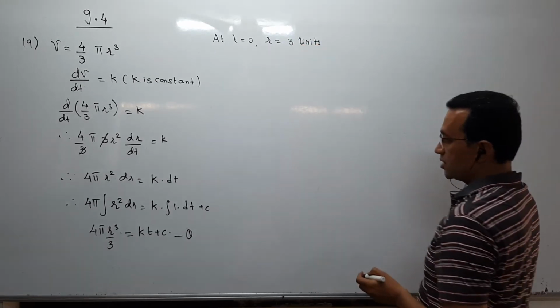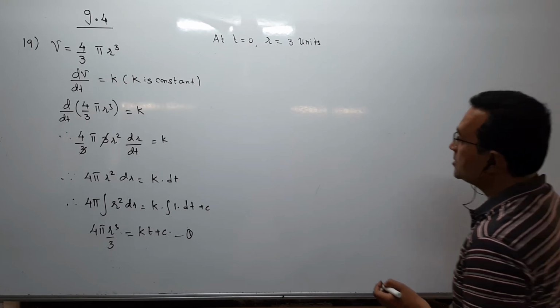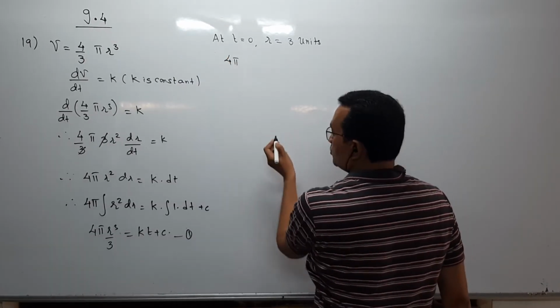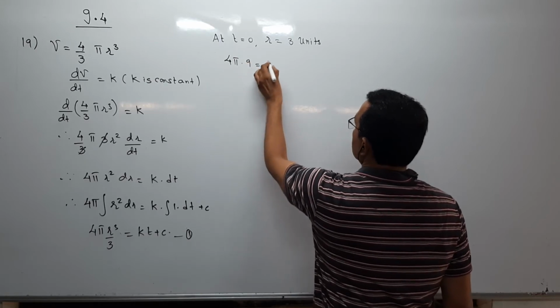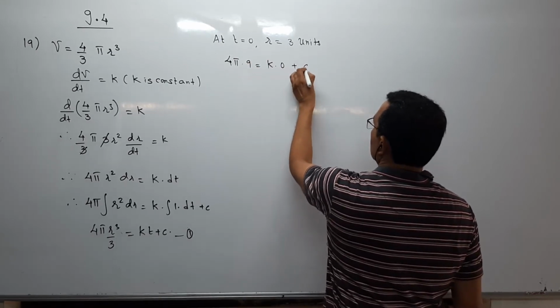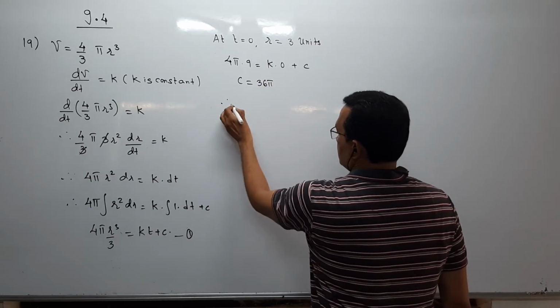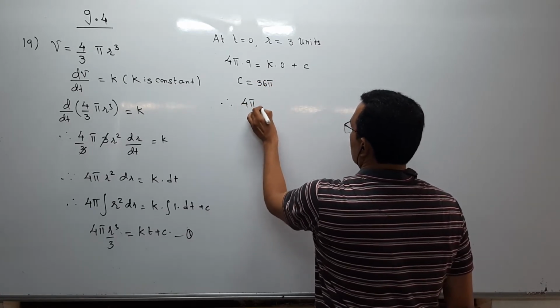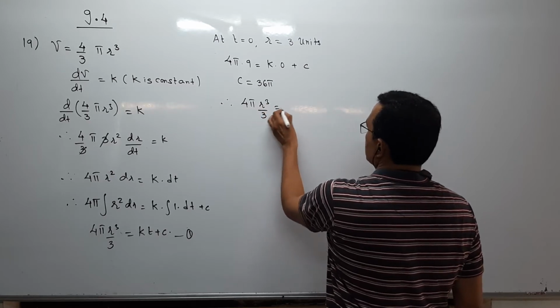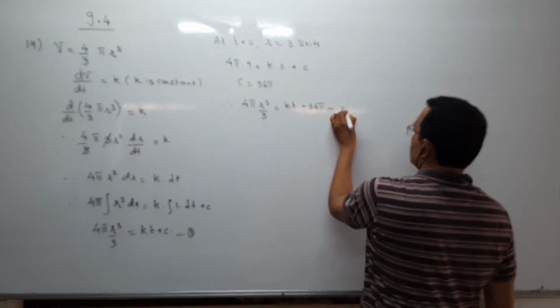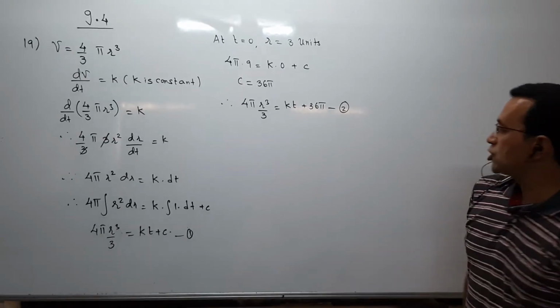So students, when I take t is equal to 0, r is equal to 3, so 4 pi into 27 by 3, 36 pi is equal to k into 0 plus c, so c is 36 pi. Therefore, this changes to 4 pi r cube by 3 is equal to kt plus 36 pi. So this is our equation 2.